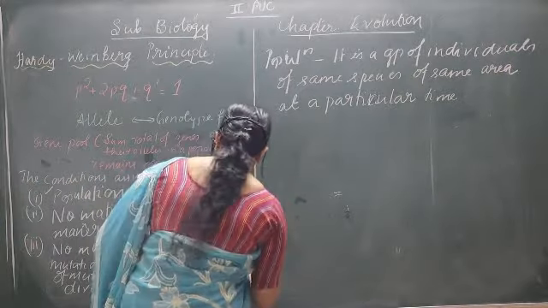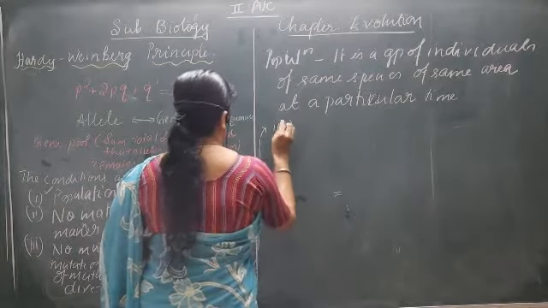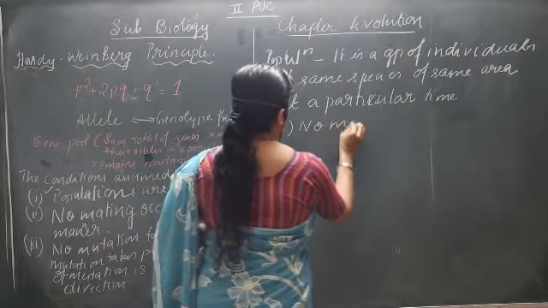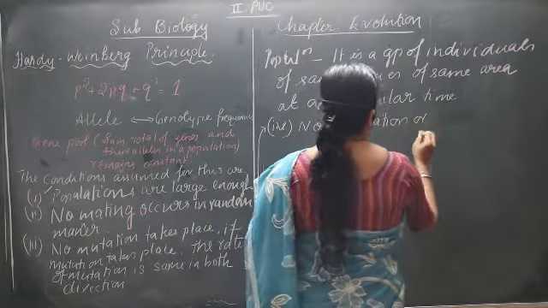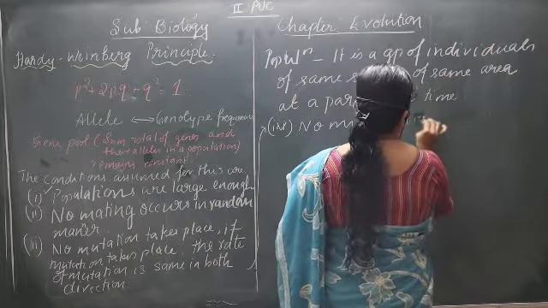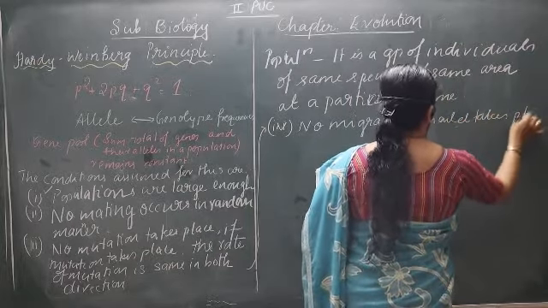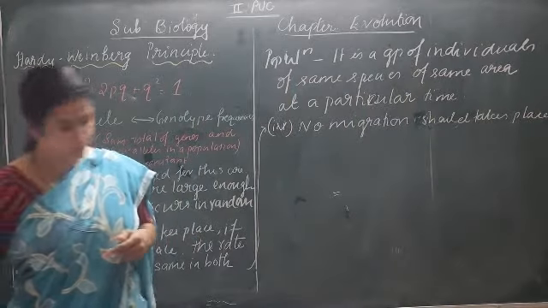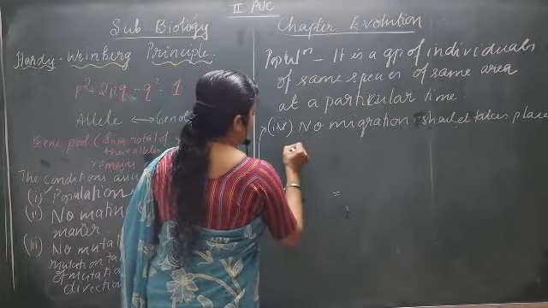Then the fourth condition for this is no migration should take place. That is, the population must remain constant, that is, no immigration or emigration.